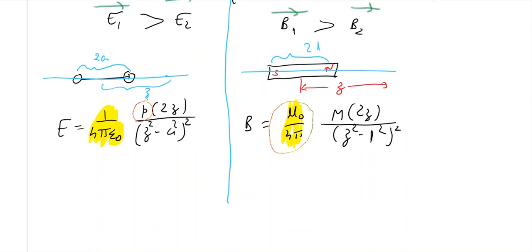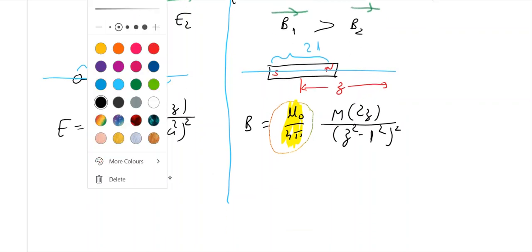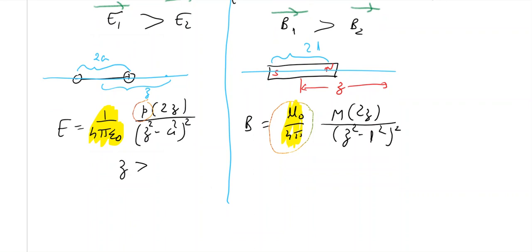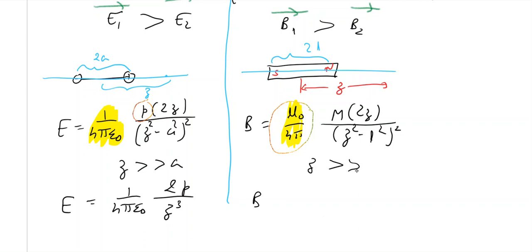Okay. In case of electric dipole, if we have Z very much greater than A, then we say that electric field is 1 by 4 pi epsilon 0 2P by Z cube. Similarly, in case of magnetism also, if you consider Z to be very much greater than L, if the point is far enough, then the magnetic field can be given as mu 0 by 4 pi M by Z cube.